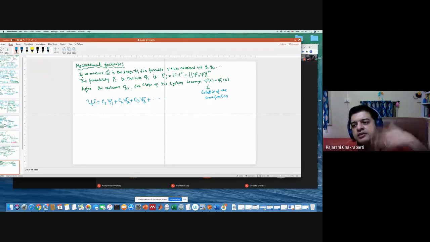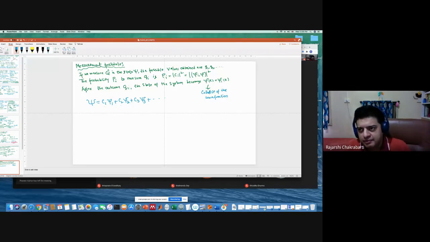Next time I measure it, it collapses to say psi5. But the probability of getting psi1, psi2, psi3, psi4 depends on the state in which they are mixed, in what proportion. So the coefficient square will tell you the probability. Higher the coefficient square, higher is the probability.